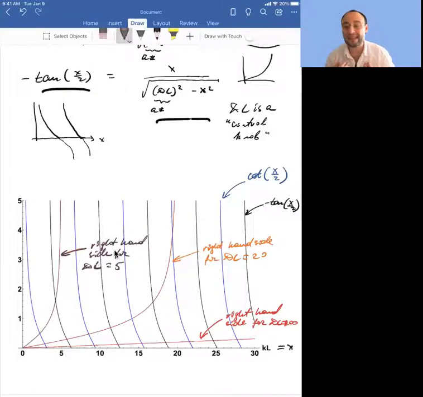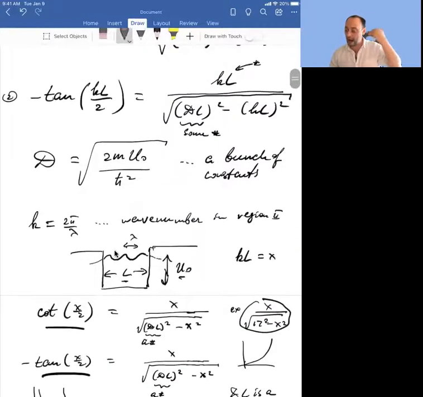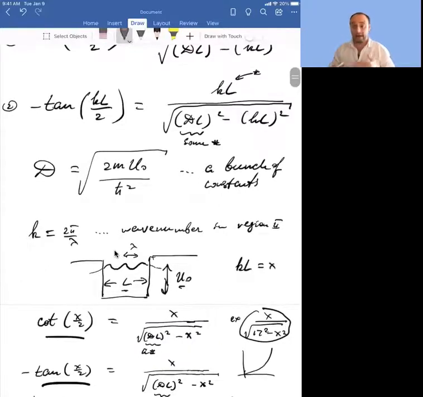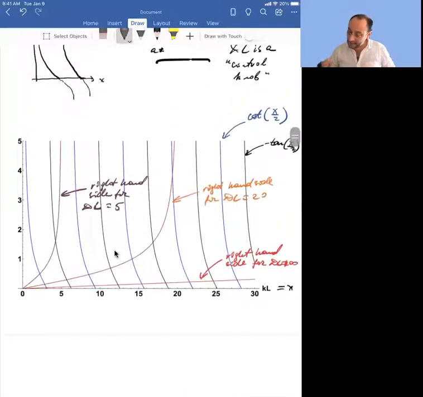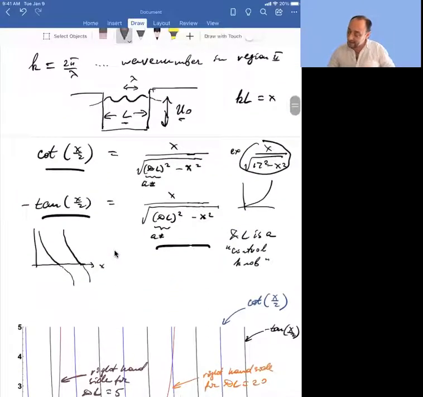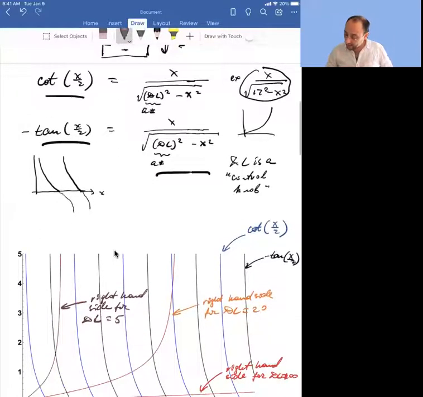What does it all mean? I can increase DL by increasing U naught, by making the well deeper and deeper. I can increase DL by increasing L, by making the well wider and wider. I can increase DL by increasing M. So what this says is that X is a value that satisfies these equations.